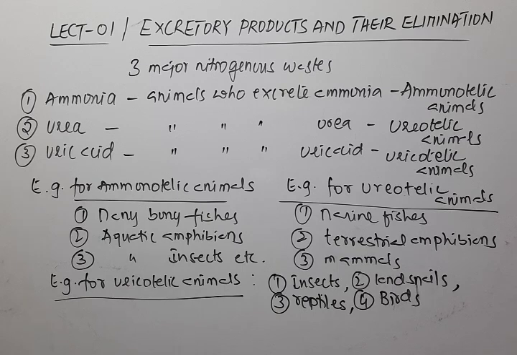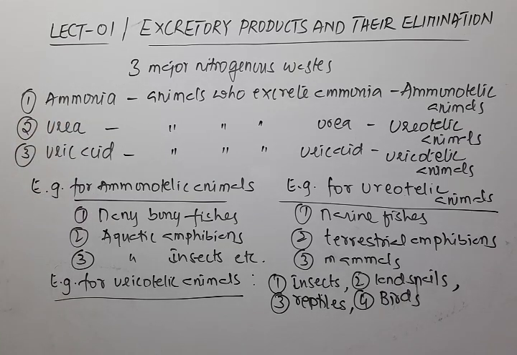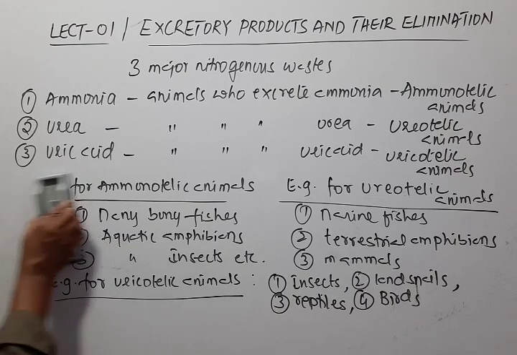Now, if we see these three nitrogenous wastes, out of the three, ammonia is highly toxic when compared with urea and uric acid. So I'll mention the order of toxicity.